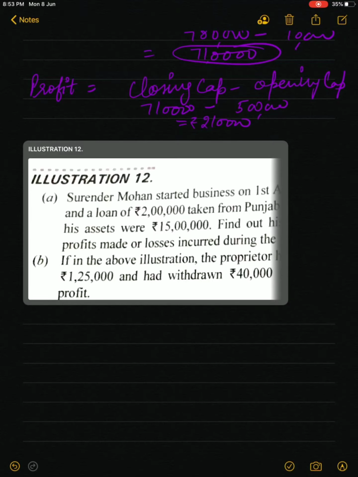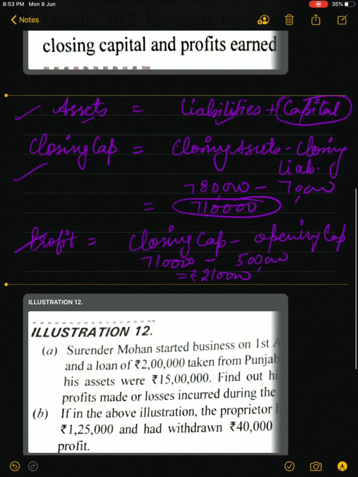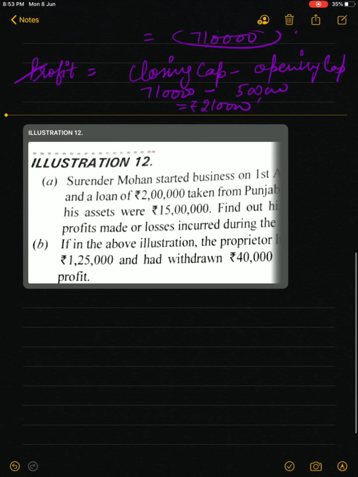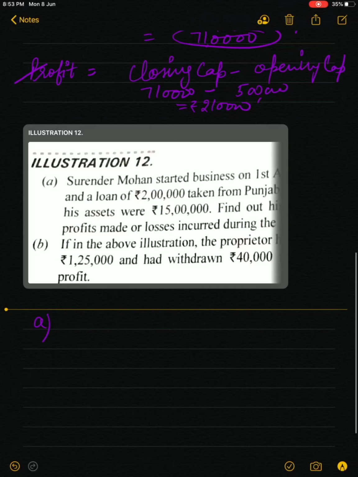By these formulas we can solve the A part. First we have to find the closing capital.